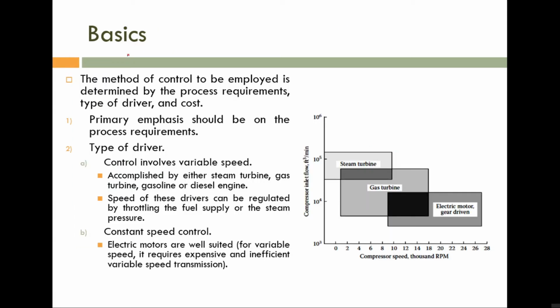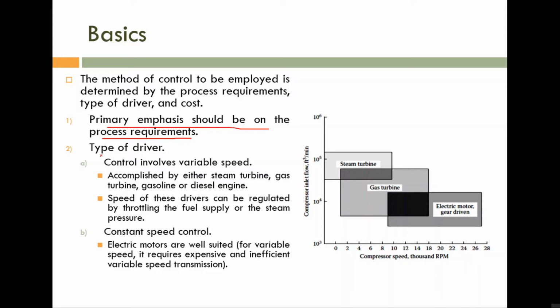The selection of controller depends upon a number of factors. The main factor is the process itself. How to select the method of control depends primarily on the process requirement. First you have to know the process requirement, then select the type of control.